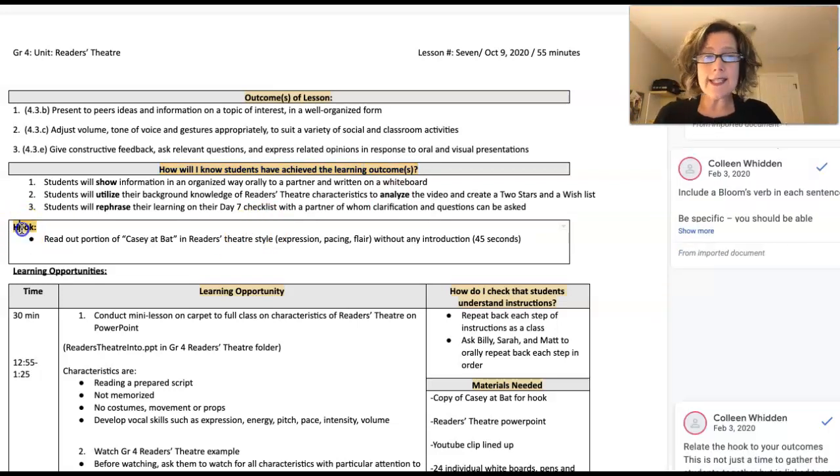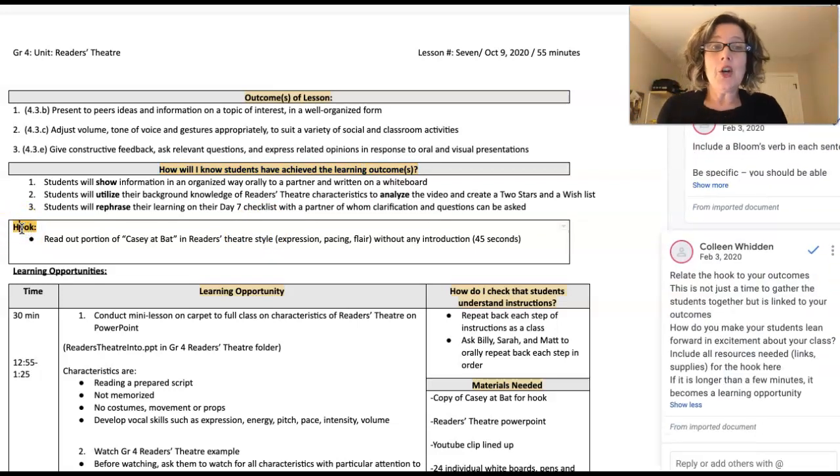Okay, let's look at the hook. The hook is, you want to hook those kids, like you want to grab their attention and you want to get them excited about your lesson. So it's not a time to gather students together. This is Christy's, how do you make your students, we worked on this together as an education team.